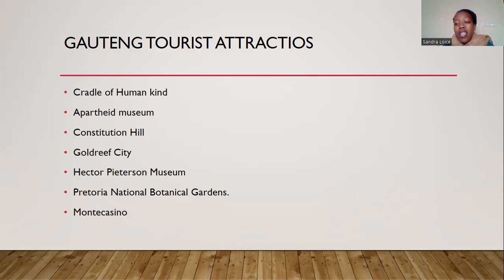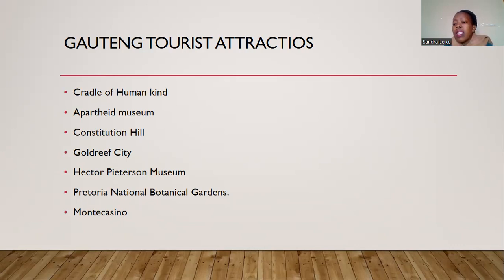All these areas are found right here in Johannesburg, and they carry some of the South African history that is not just limited to South Africa, but internationally, especially your Cradle of Humankind.